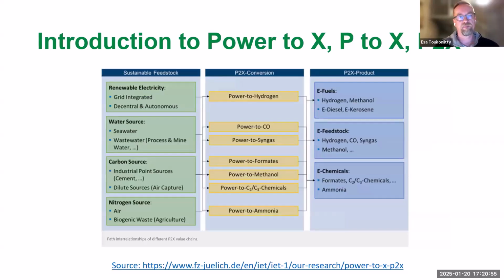And here is basically, again, this introduction, a few sustainable feedstocks that are mentioned. We already talked about this, but kind of the renewable energy, seawater, wastewater, carbon source. If you want hydrocarbons, you need to have carbon at some source.